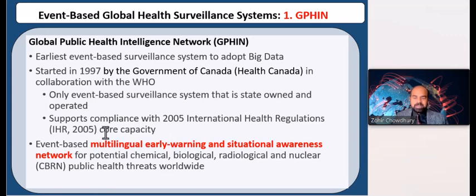It is an event-based multilingual early warning and situational awareness network. They focus on chemical, biological, radiological, as well as nuclear public health threats worldwide. And they have this multilingual system, and we'll focus on more details about it in the upcoming slide.